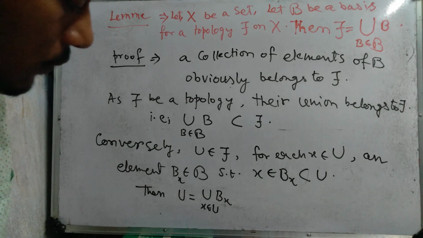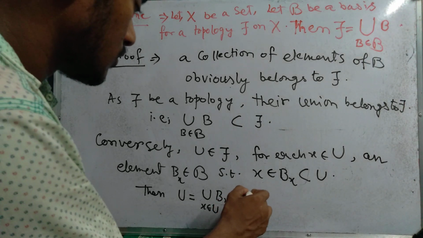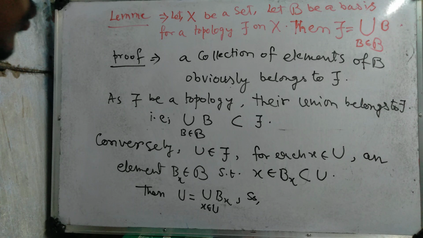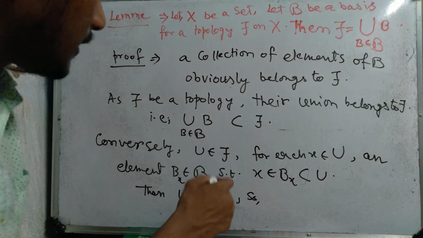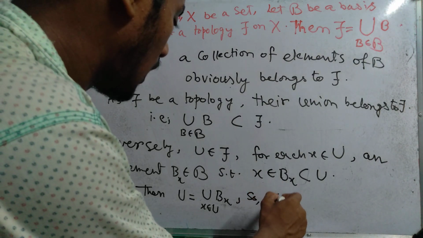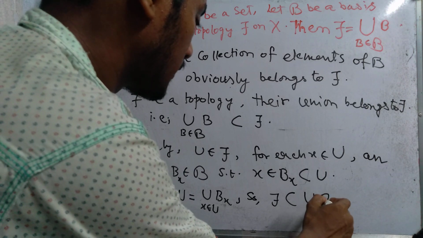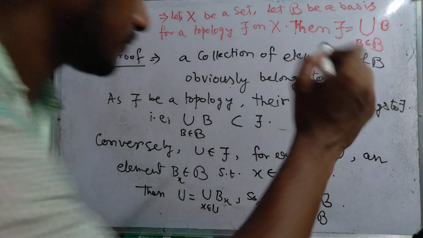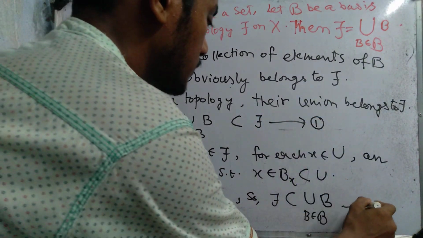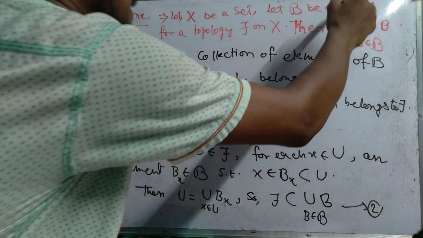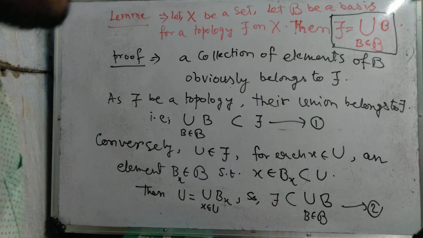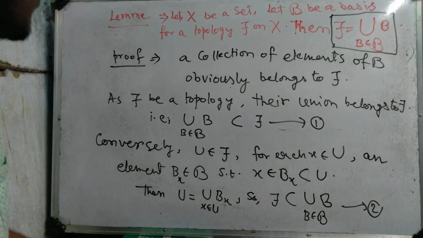So U is the union of elements of B. So U is the union of elements of B and U belongs to tau, which implies U equals a union of elements of script B. That means tau is a subset of the union of B, where B belongs to script B. So from this one and from this one we write these things: tau equals the union of B, B belongs to script B. So we prove this lemma.